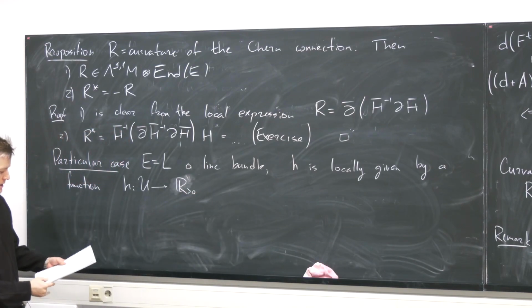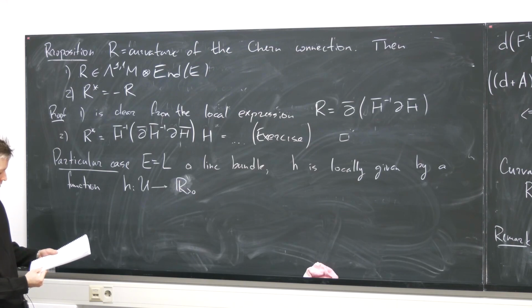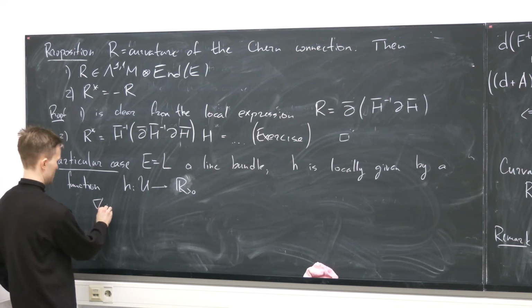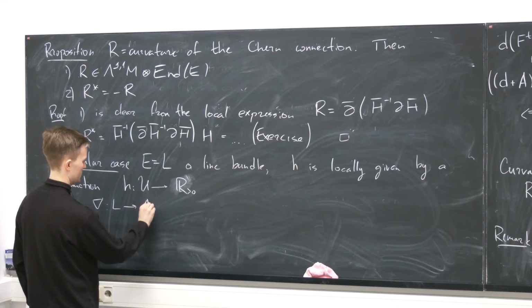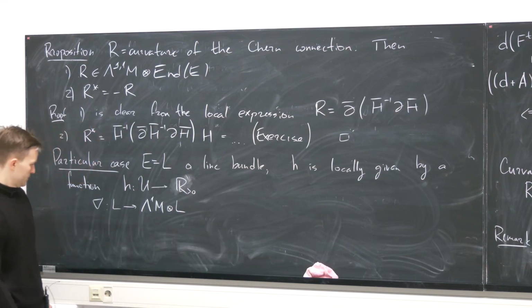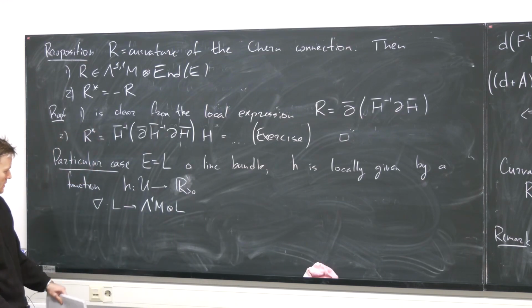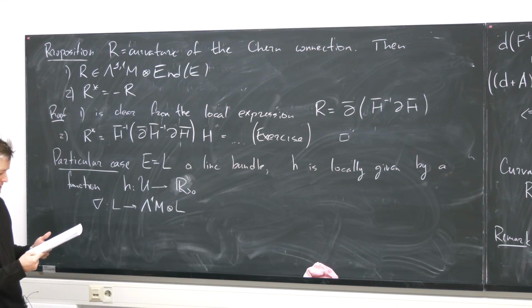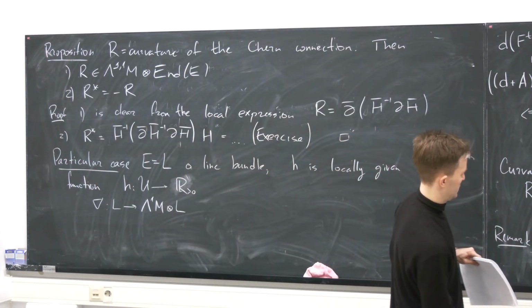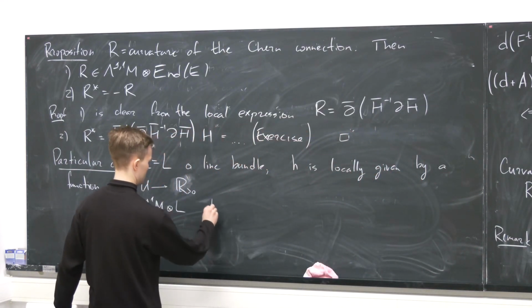So anyway, okay, if we have now some trivialization of this line bundle, so we look at nabla. There was an expression for the Chern connection, so this is the Chern connection.